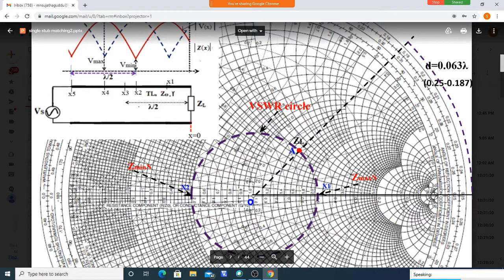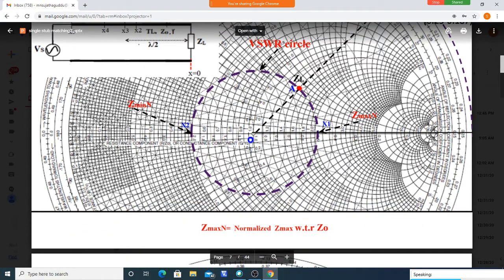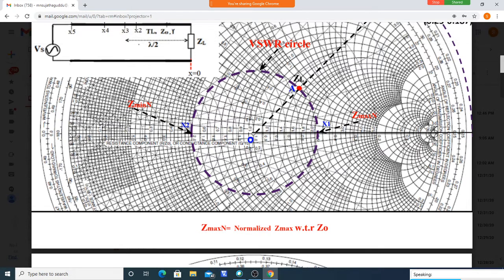Starting from the load it is 0.187 here. At this point you read the value here, it is 0.5, 0.49. 0.5 is nothing but 0 again, since the scale starts again at 0.5. So this is 0.5 minus 0.187. Whatever the distance is from here to here, that is the d minimum.